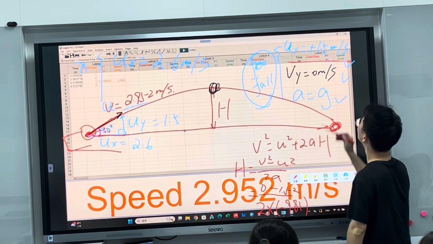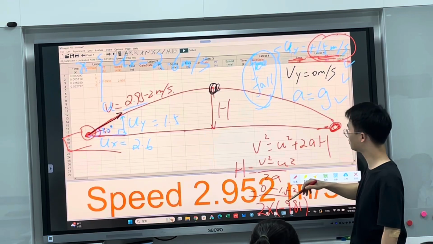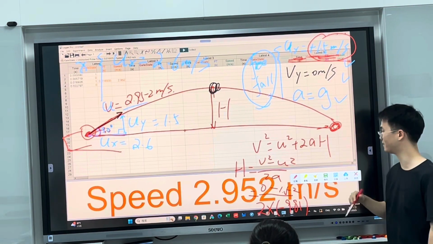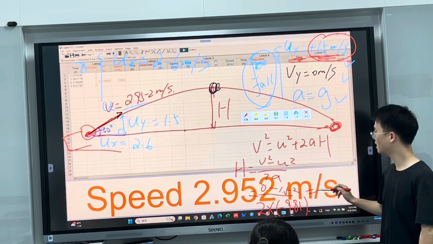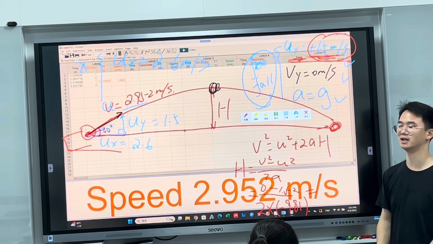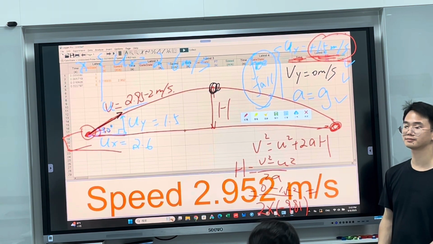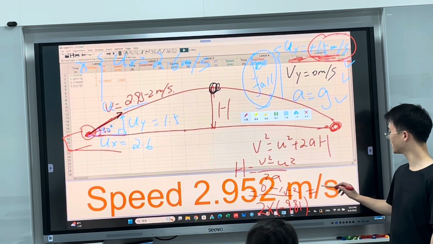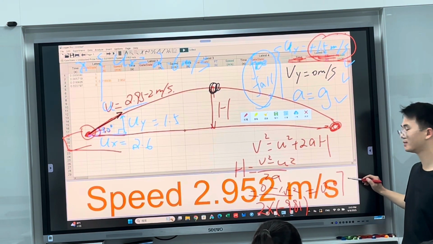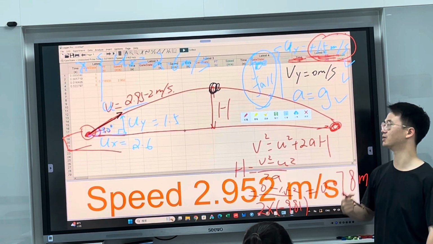Why negative? Because I set upward as positive, initially going up. So your acceleration needs to be negative, so that you can find out how high up. 1.5 squared divided by 2 times negative 9.81 gives 0.078 meter. That's the maximum height that the projectile just reached.